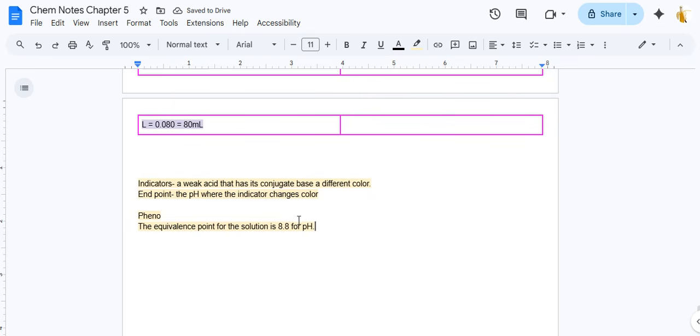But we don't know when the pH will be 8.8. So we use an indicator called pheno-something that changes color when the pH is around 8.8.